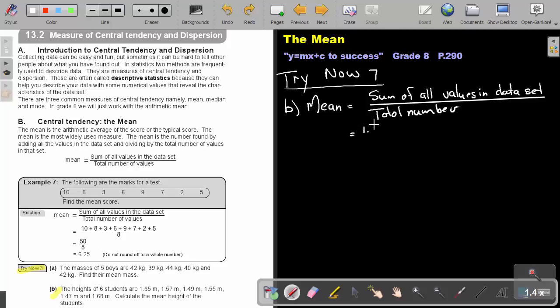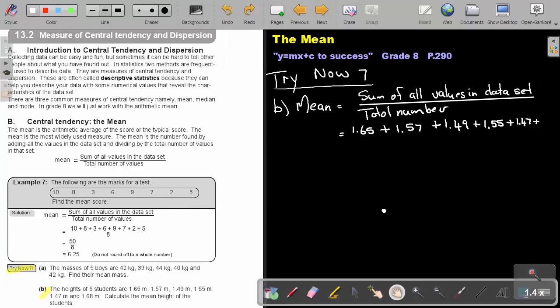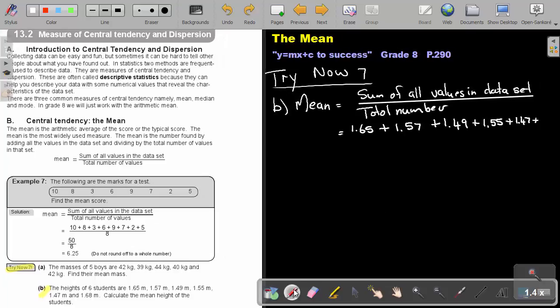So it will be 1.65 plus 1.57 plus 1.49 plus 1.55 plus 1.47 plus the last one, 1.68, and I'm going to divide it by, and how many numbers are there?